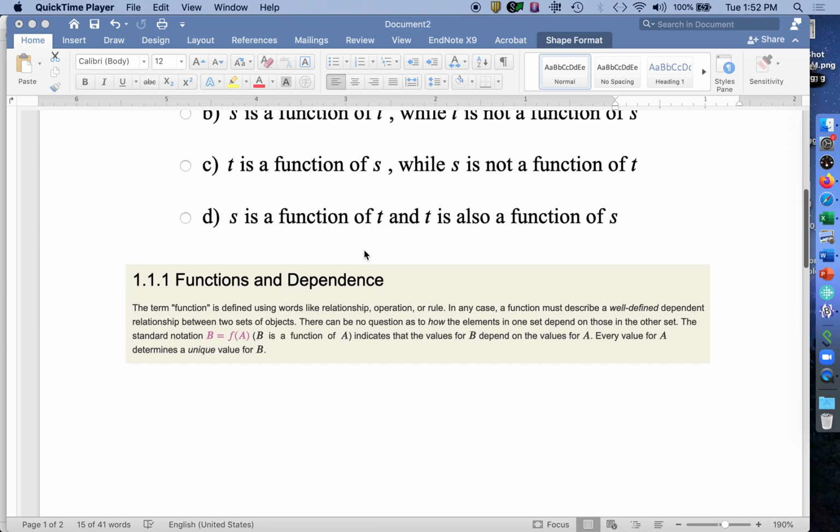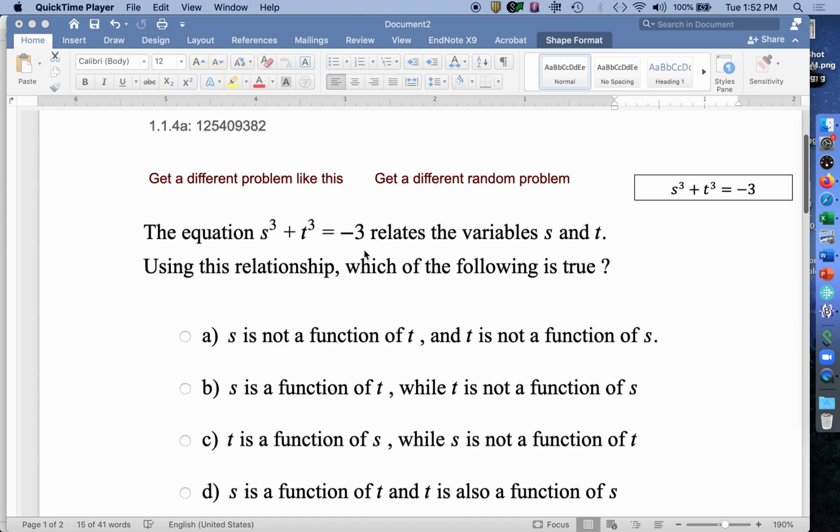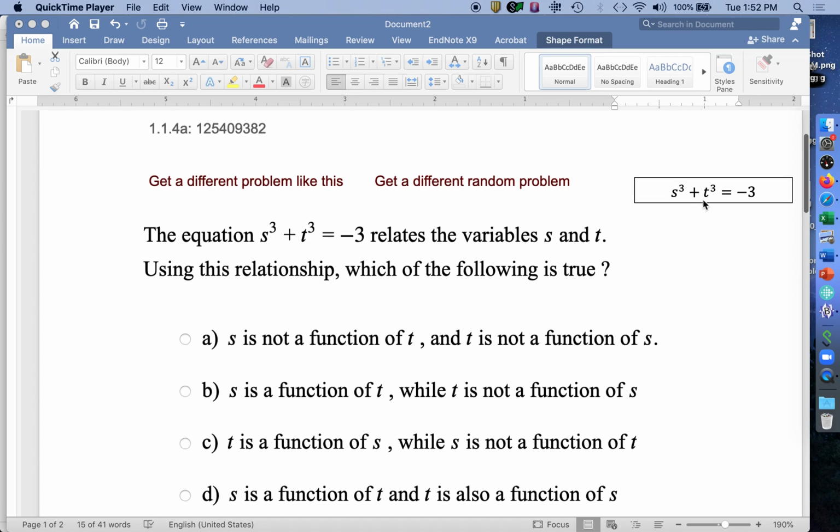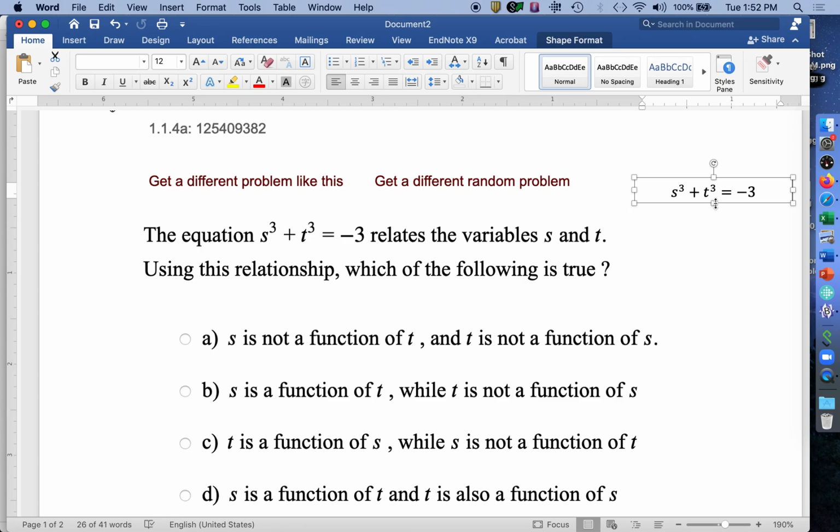All right, so looking at our equation this way, I want to write s is some function of t, and then t is some function of s, if I can. Let's start with trying to write s as a function of t. My first step is going to be to scoot the t cubed to the right side.